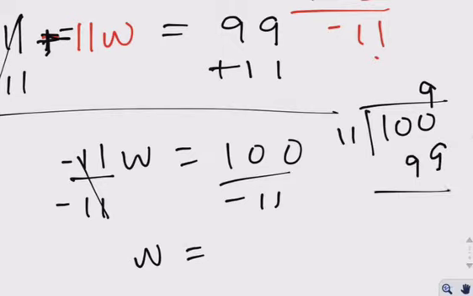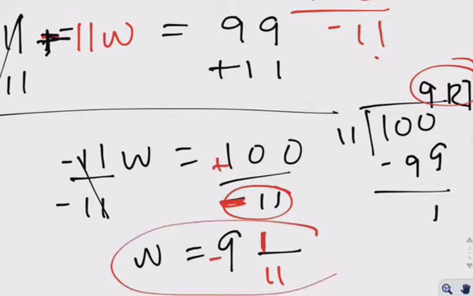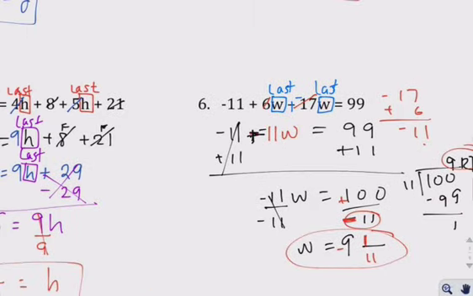That's 99 with a remainder of 1. Your answer right here, 9 remainder 1 over this 11 here. Now, a positive divided by a negative is a negative, so that should be a negative 9 and 1 over 11.